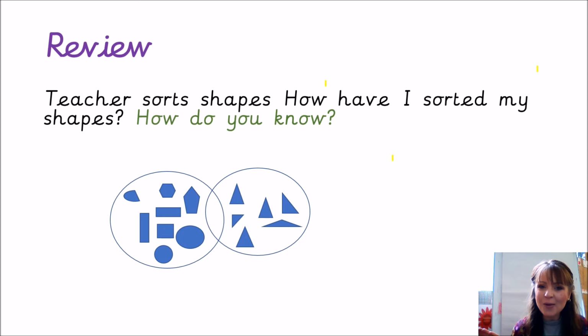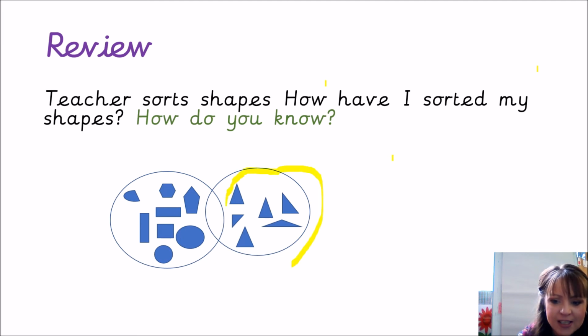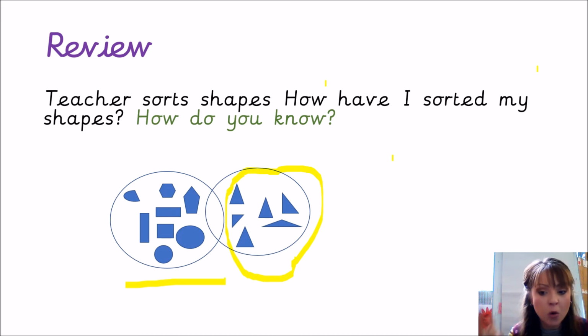Did you work out how I sorted my shapes? You might have said that all these shapes on this side have 3 vertices. These shapes do not. They have more or less. You might have said that all these shapes on this side are triangles. All of the shapes on this side are not triangles.